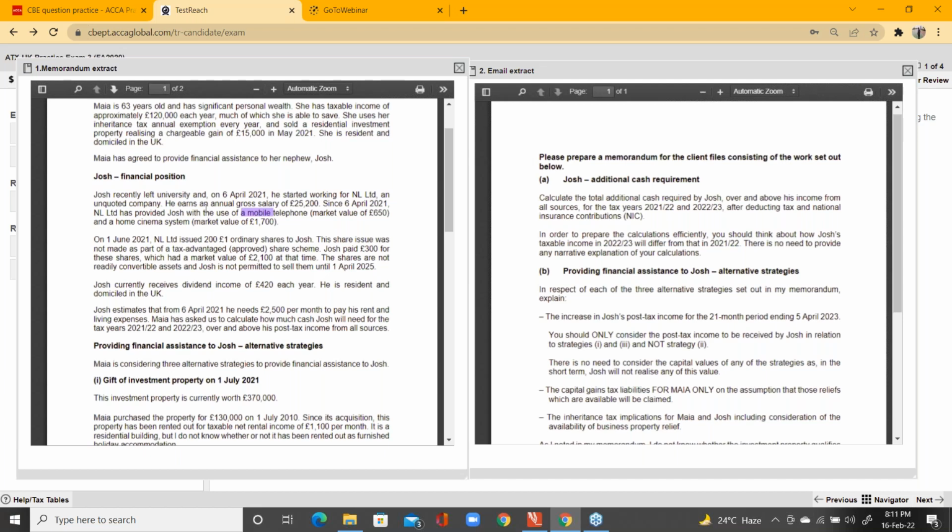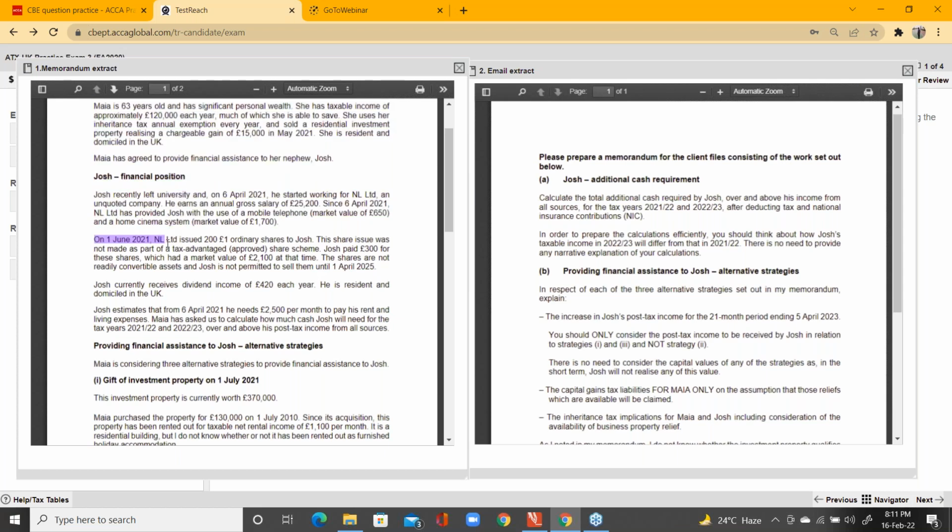If two mobile phones are provided, one is exempt and on the other one, a taxable benefit would be calculated at 20% under asset usage benefit. The company also provided a home cinema system at the market value of 1700. Obviously, for this asset, under employment income for Josh, we would be taking an asset usage benefit on the home cinema system at 20% of the value of the asset.